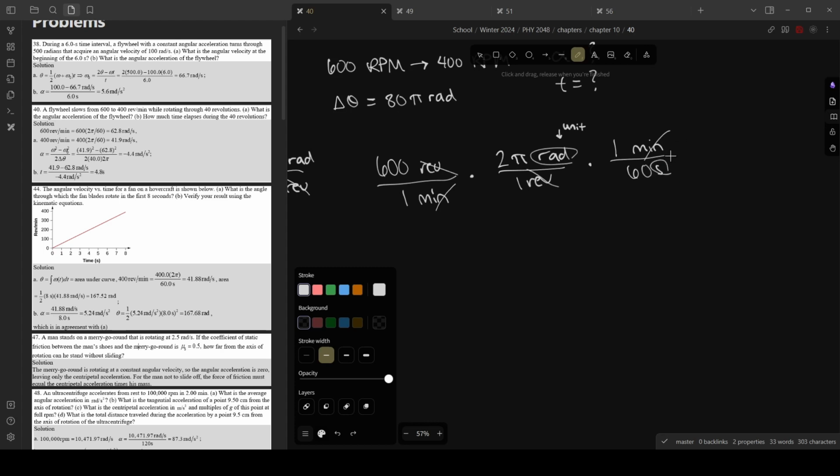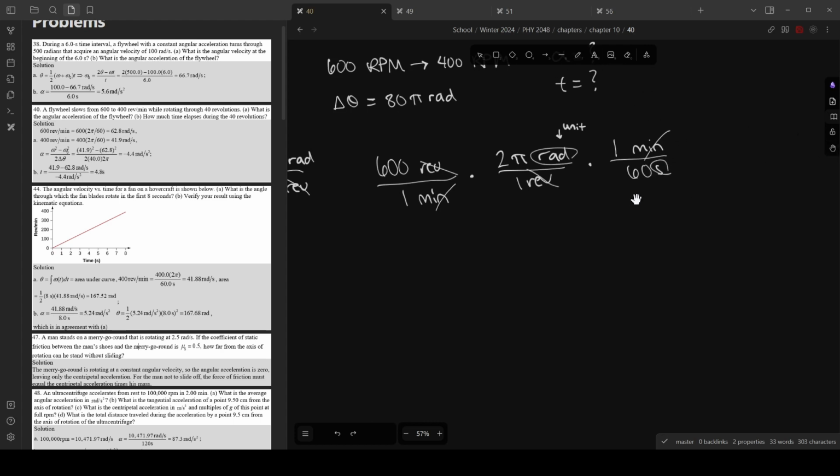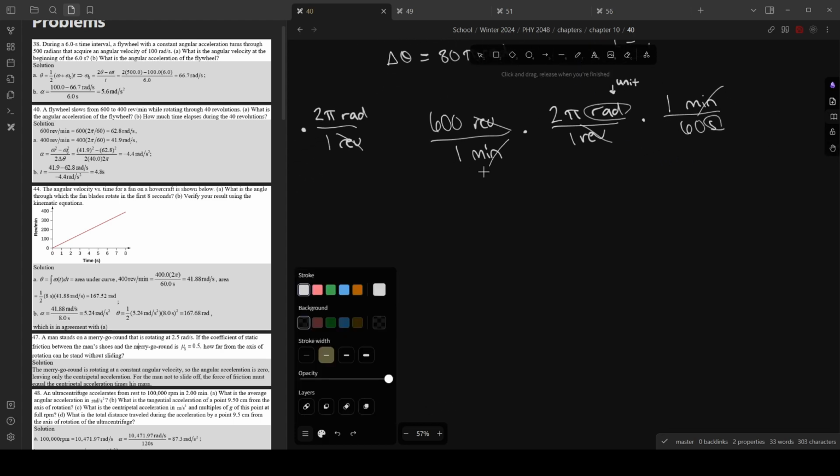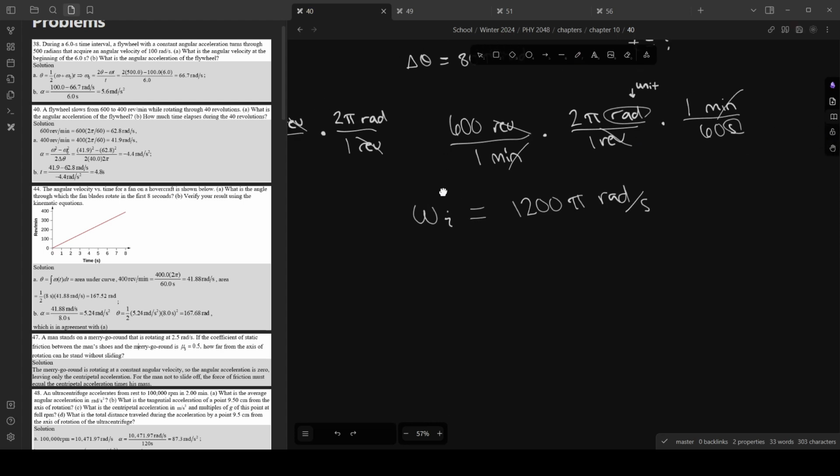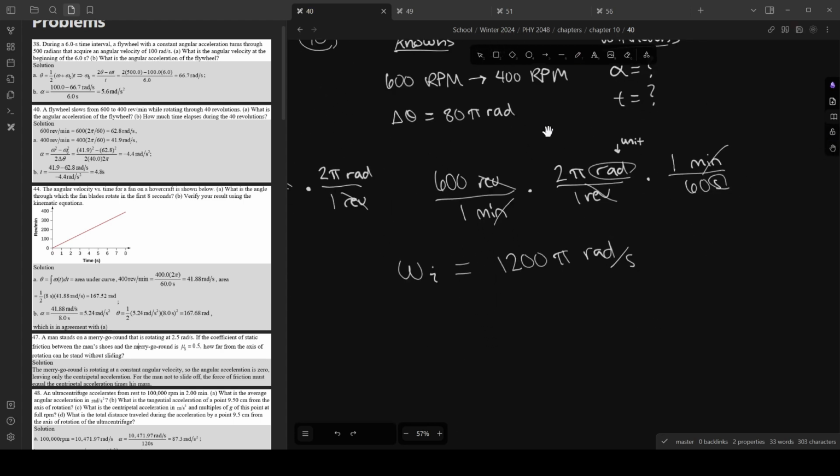So the final answer is 1200 pi radians per second. So that is our omega initial.